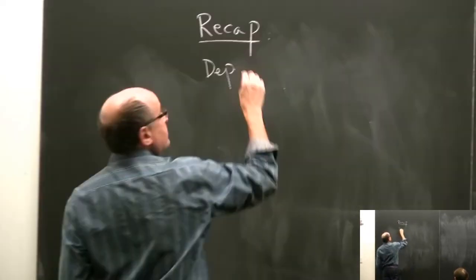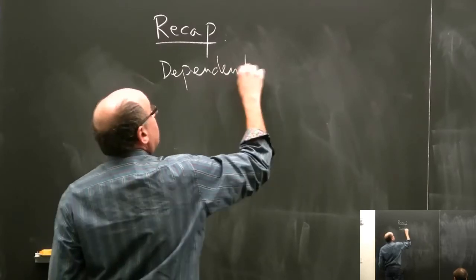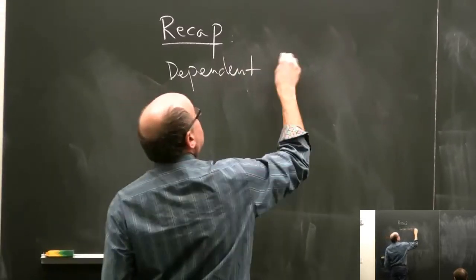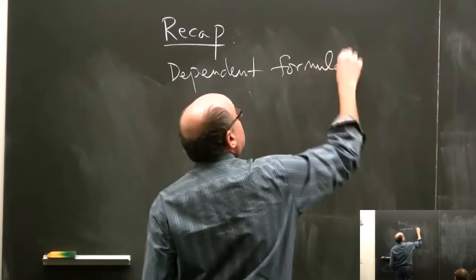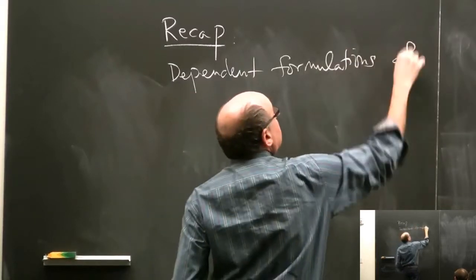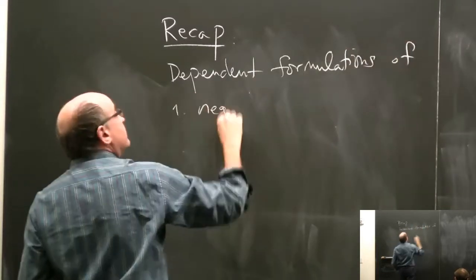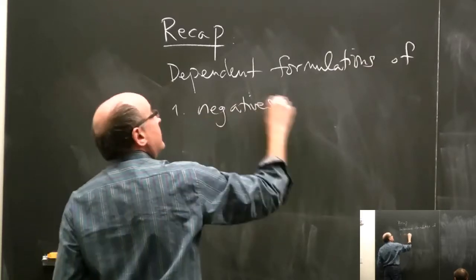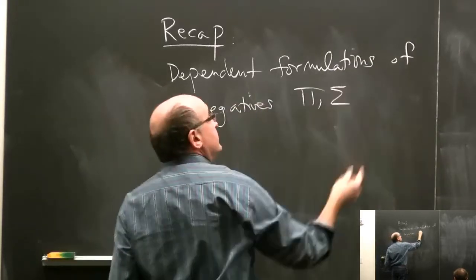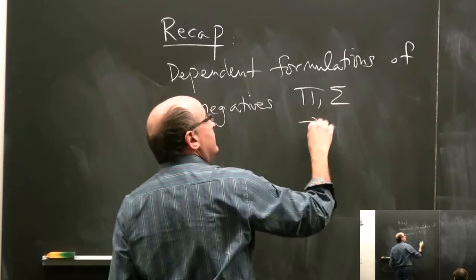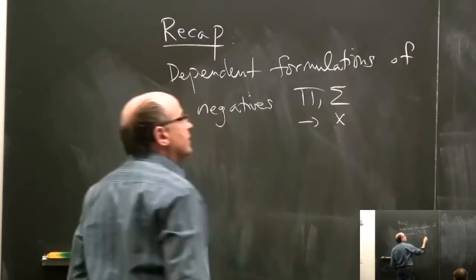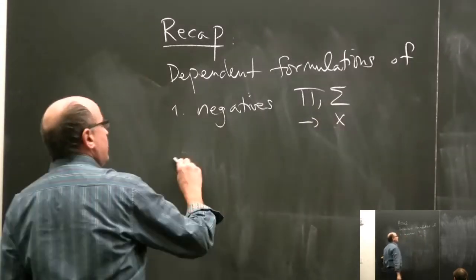Okay, so where we got to last time, I'll just remind us a little bit. The recap is we were looking at the dependent formulations, and this is probably what prompted some of those questions. In the one case we did the negatives. So we had pi, principally pi and sigma, generalizing the function and product, you could say.